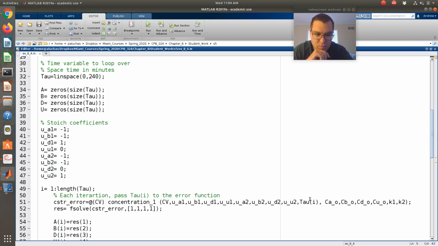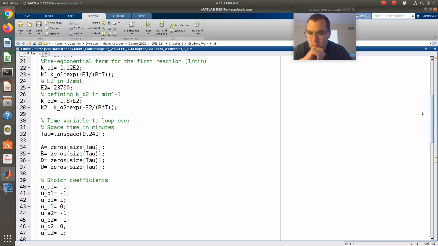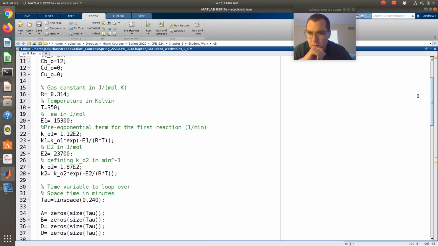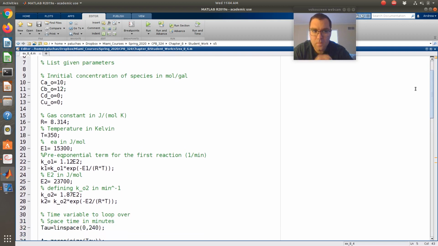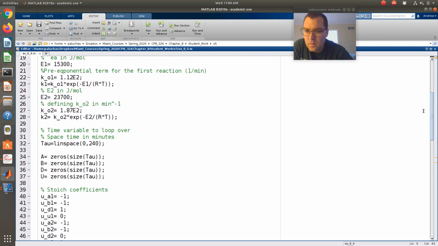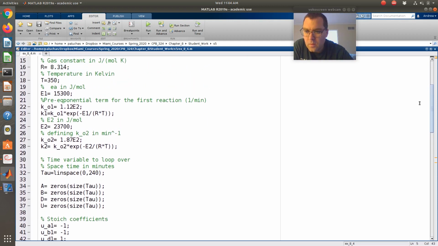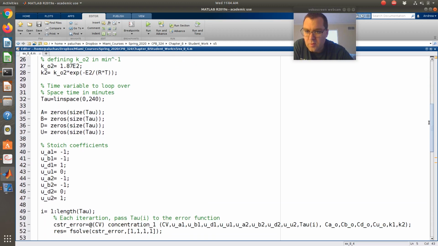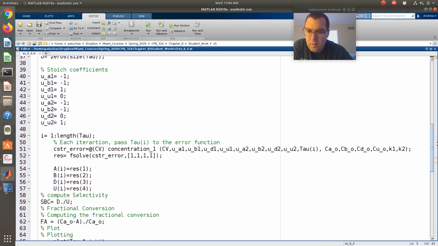I make sure we're referring to tau I. CV is a vector. I'm just trying to look to see if anything up there is out of place.